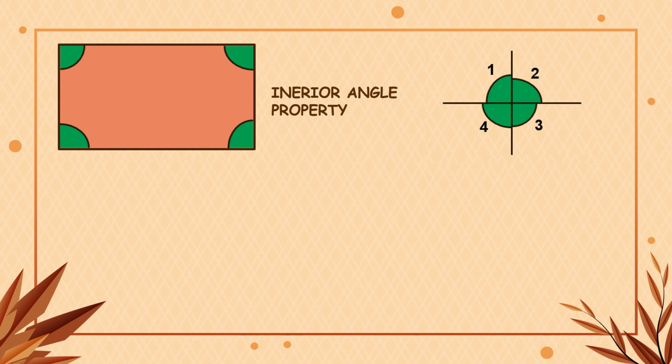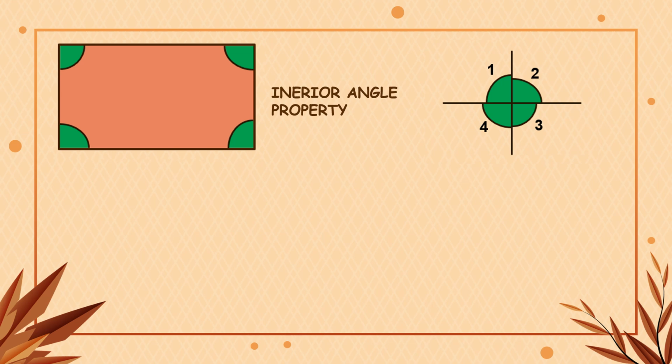Now, what observation can we draw from here? As you can see, the angle is complete. That means angle 1 plus angle 2 plus angle 3 plus angle 4 are adding up to 360 degrees. So all the angles put together form a complete angle or a 360-degree angle, isn't it?